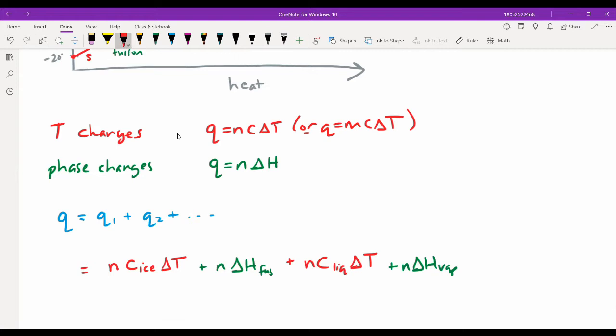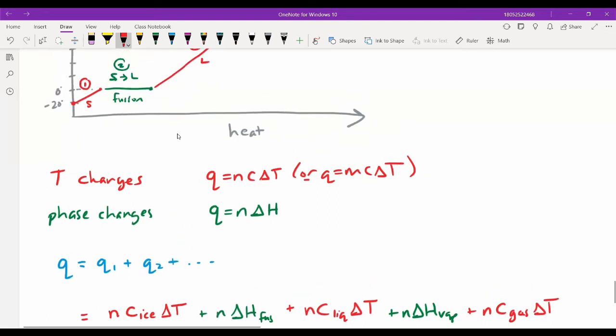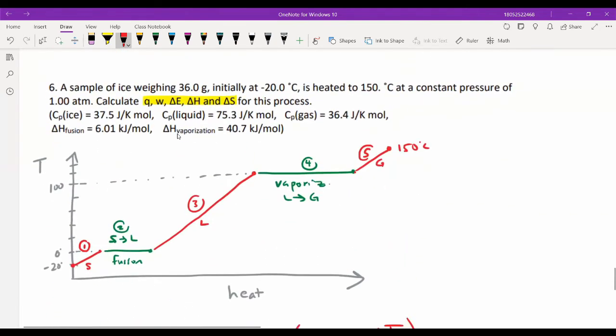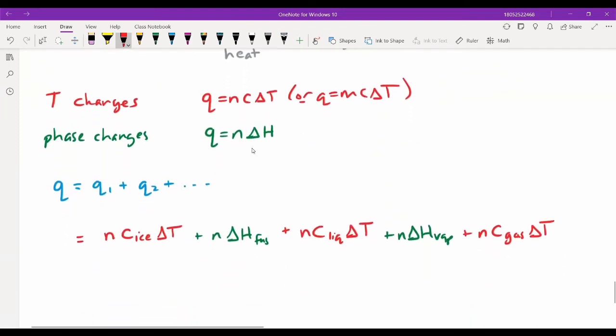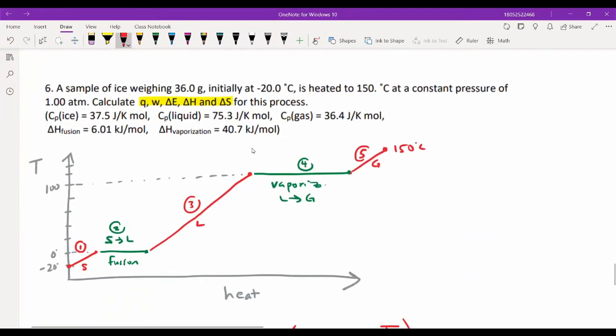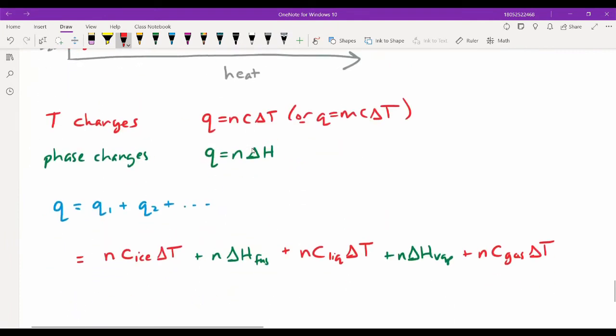And then step 5 would be N C of gas delta T. Just make sure you use the heat capacities for the respective substances in each of those temperature changes. I should mention, by the way, these heat capacities are per mole. That's why I'm using N. If we were given the specific heat capacities, obviously that would be per gram, and then we use M. So we're just basing this on the units that are given, and now we can plug things in.